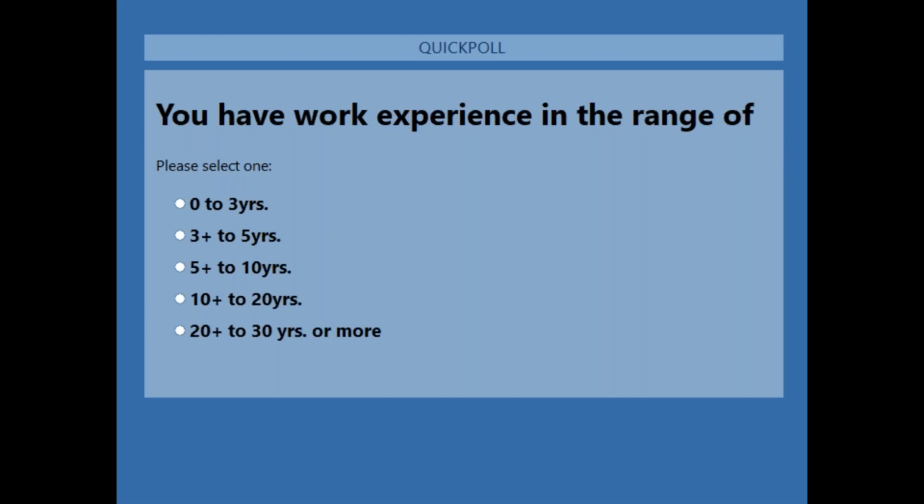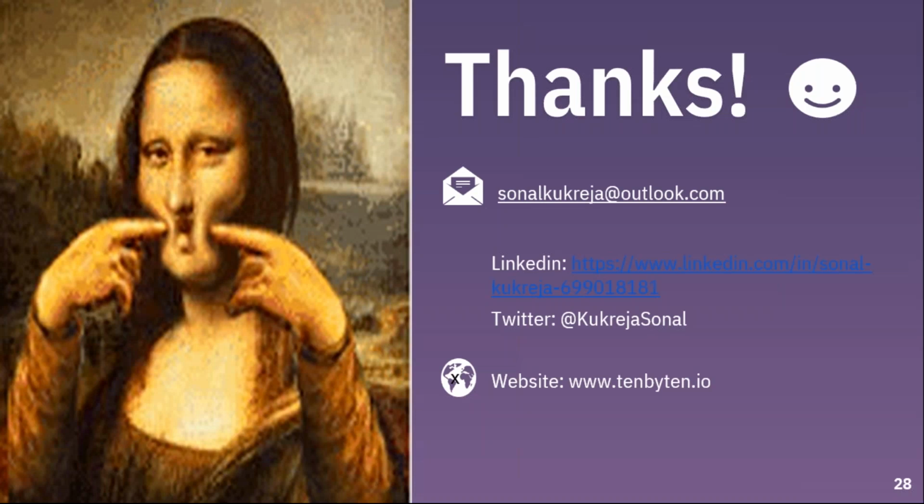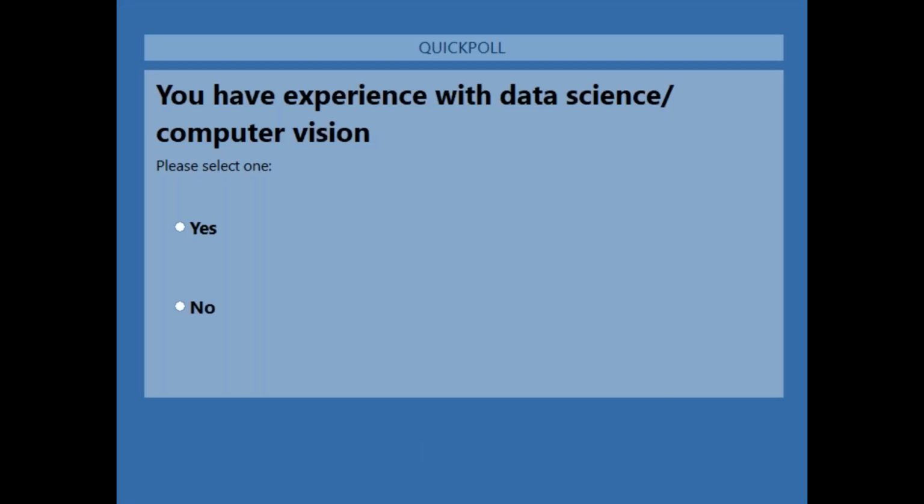About 20% of you are from 0 to 3 years, 10% from 3 to 5 years, about 25% from 5 to 10 years, about 30% between 10 to 20 years, and the rest of you more than 20 years. Great, thank you. And the last one is, do you have experience in data science or computer vision?